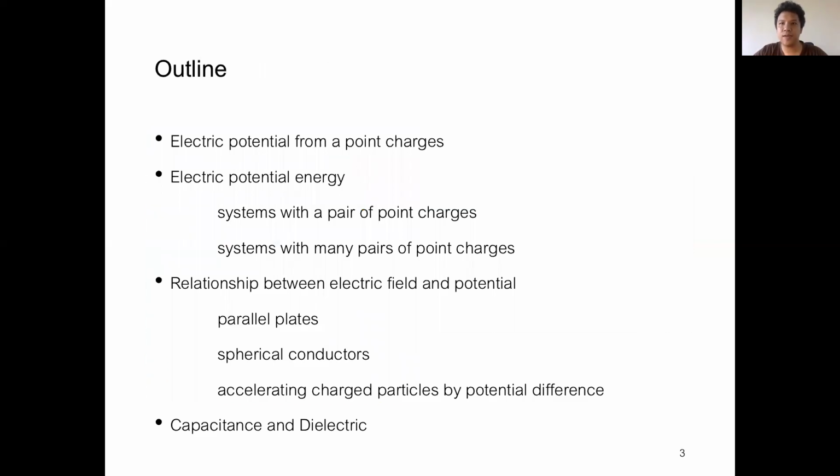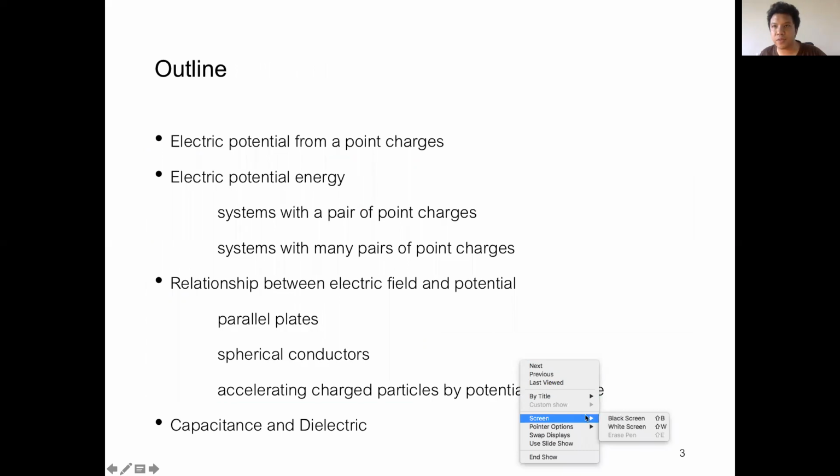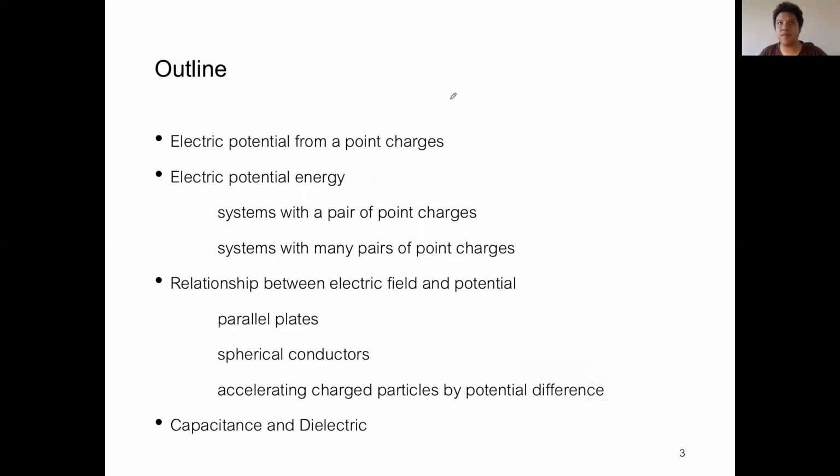The outline of today's lecture is electric potential from point charges, potential energy, and the relationship between electric field and electric potential. We start by discussing briefly the electric field from a point charge.